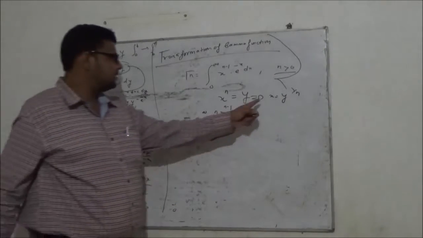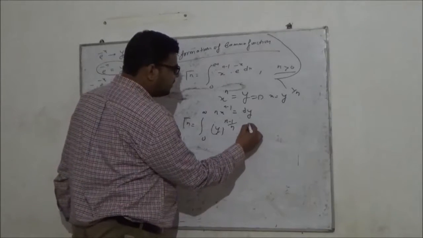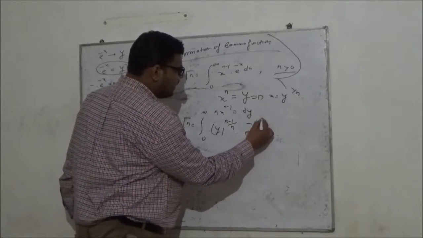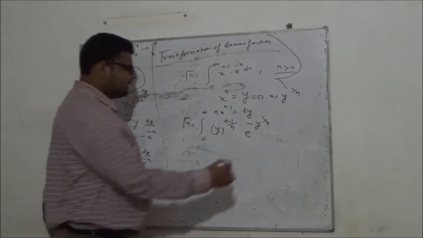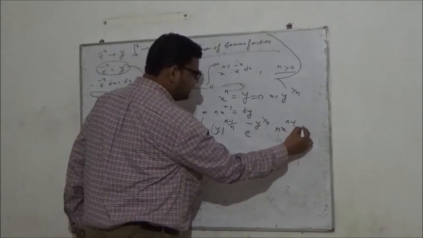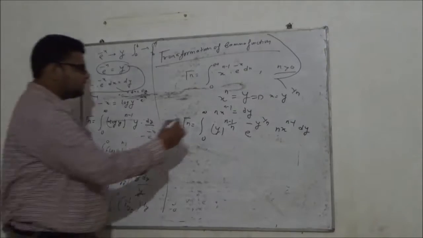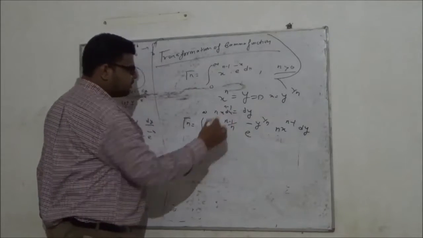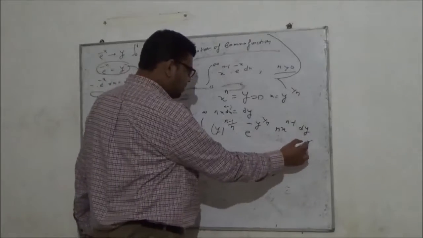We have the value of x as y power 1 by n, so it will become e power minus y^(1/n). What is dy? Sorry, dx will also be here. So n x^(n-1) dx will be dy. So this is what we get.